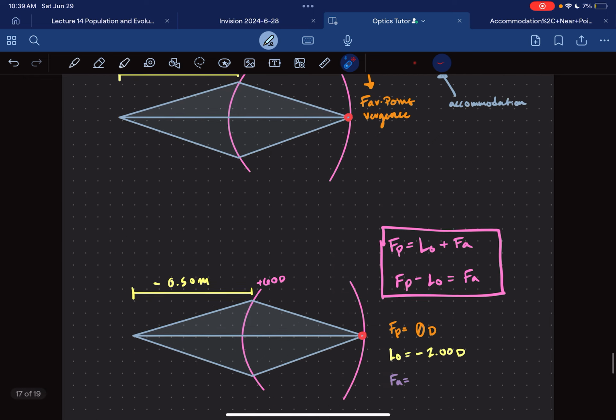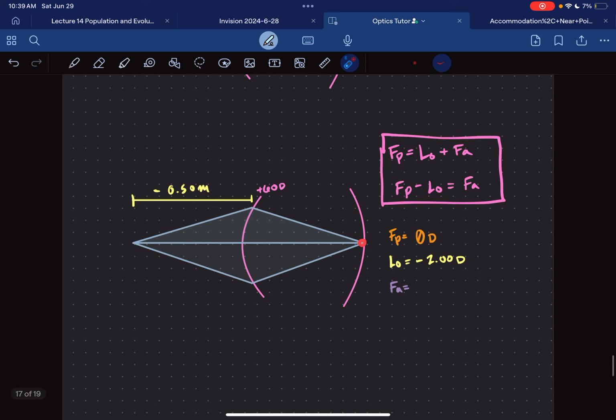As we said before, for this emmetrope, their far point is 0. And the object divergence, I went ahead and did the math, is 1 over 0.5 meters, which gives us negative 2 diopters. So that's the divergence of the object.